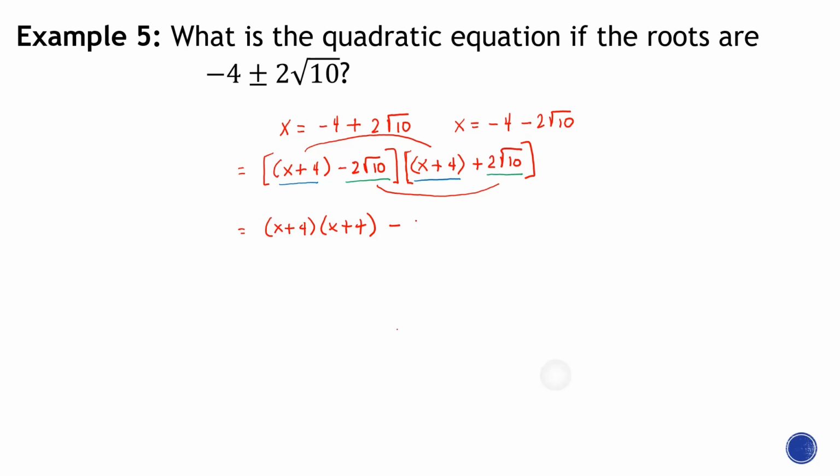So 2 times 2 is equal to 4, and square root of 10 times square root of 10 is 10, obviously. Okay, so here we can use FOIL method.